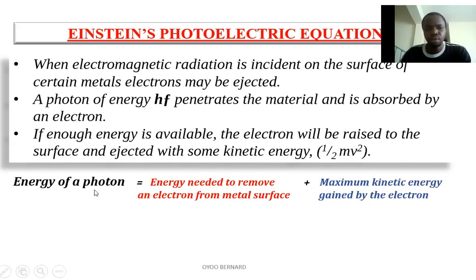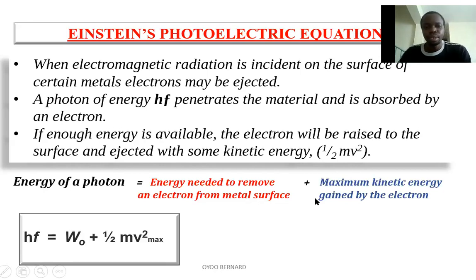So the energy of that photon can be given in terms of the energy needed to remove an electron from the metal surface, which is the work function, plus the excess energy above the work function, which gives the electron the maximum kinetic energy that it gains.